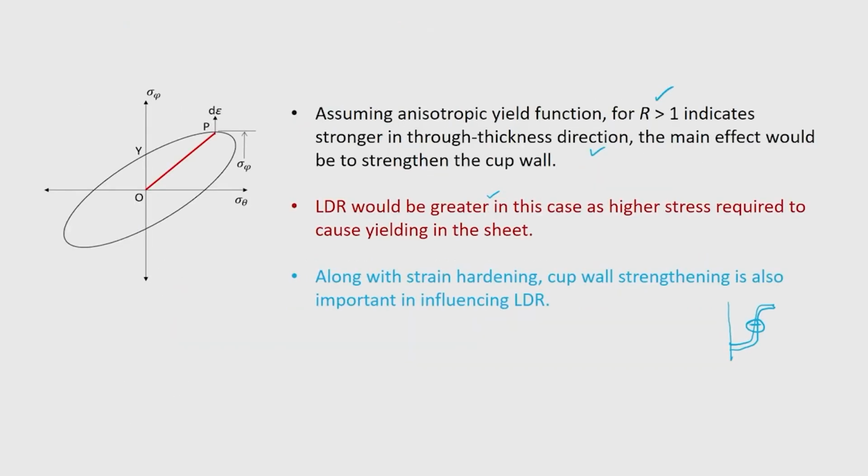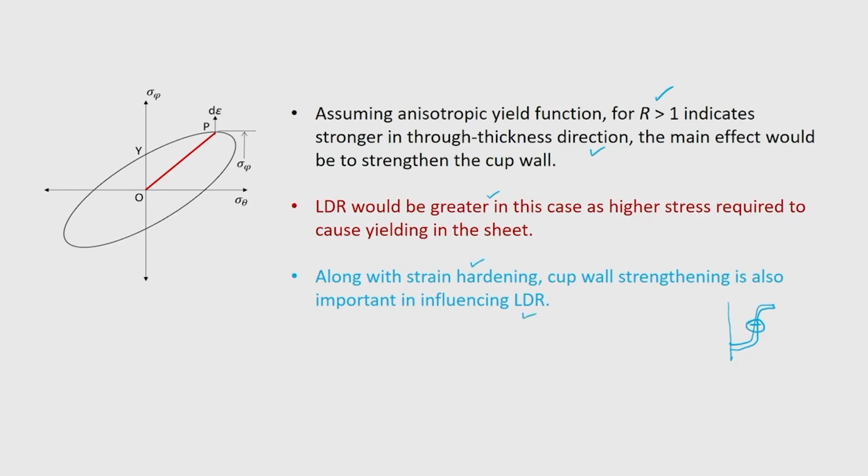No? So if r greater than 1 is picked, then LDR would be larger. Why? Because the material will be stronger in the thickness direction. Along with that, we should also note that along with strain hardening, cup wall strengthening is also important in influencing LDR.